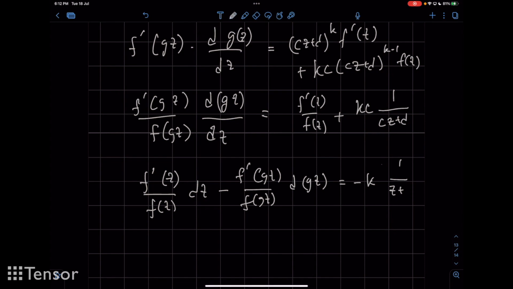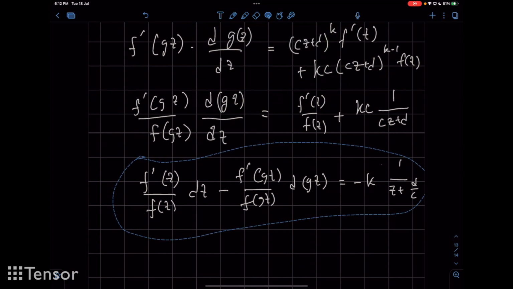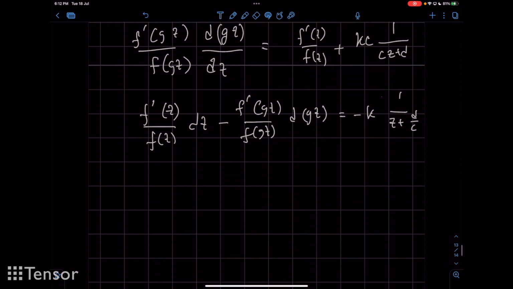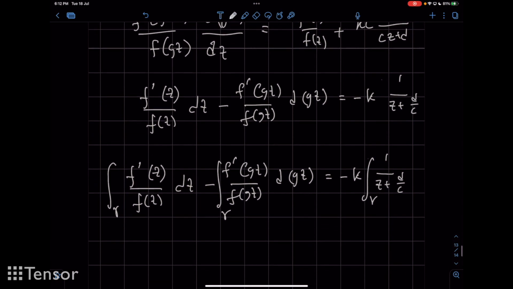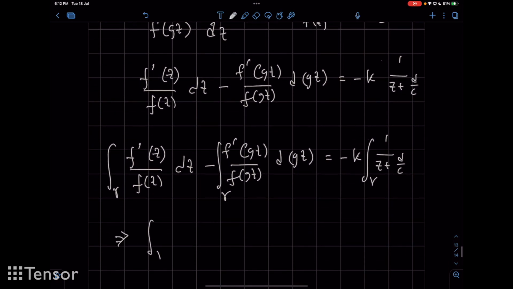Yeah, let's now copy this and integrate. And all these integrations are going to be over gamma. So this is integration over gamma minus integration over g gamma, right? Equals negative k times the integral over gamma of 1 over z plus d over c.